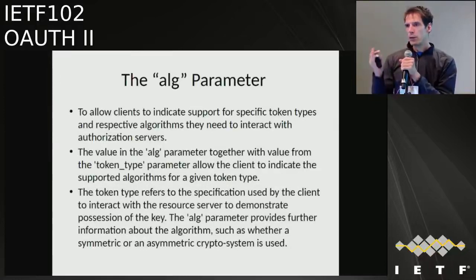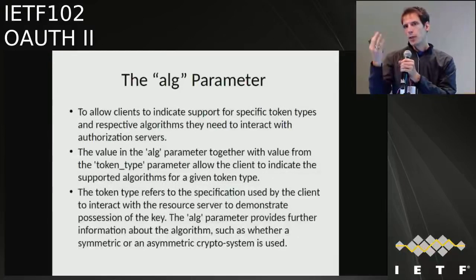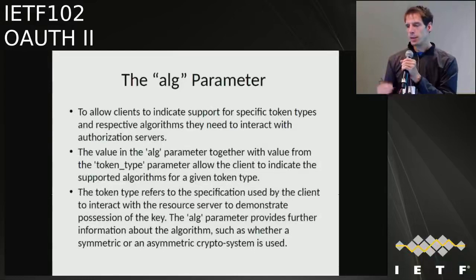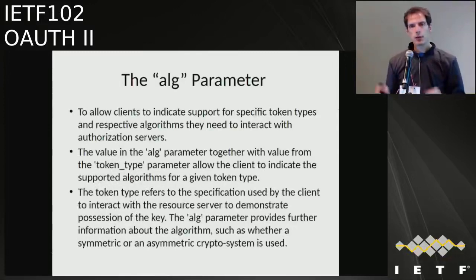So the authorization server was in charge of knowing what the resource server's algorithm support is, and it would make that determination during key generation, select the corresponding parameter, and send it down to the client. That was the meaning at that time, and it was used in the context of the token type: if the token type indicated a bearer token, it didn't make sense, so it applied if it's a PoP token.